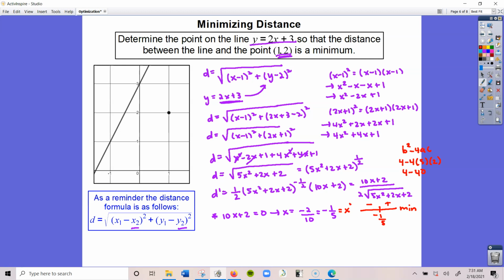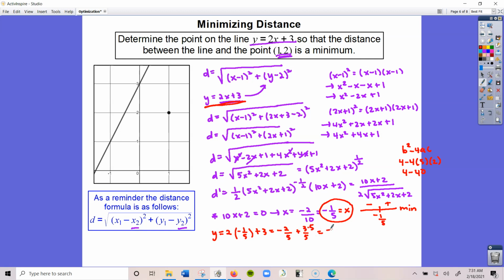So I have my x value, but now I need the y value. And since we have this equation, we can just plug in the y. So y is equal, plug in the x, to 2 times negative 1 over 5 plus 3, which is going to equal negative 2 over 5 plus 3, which I have to put over 5, so I'm going to multiply this by 5.